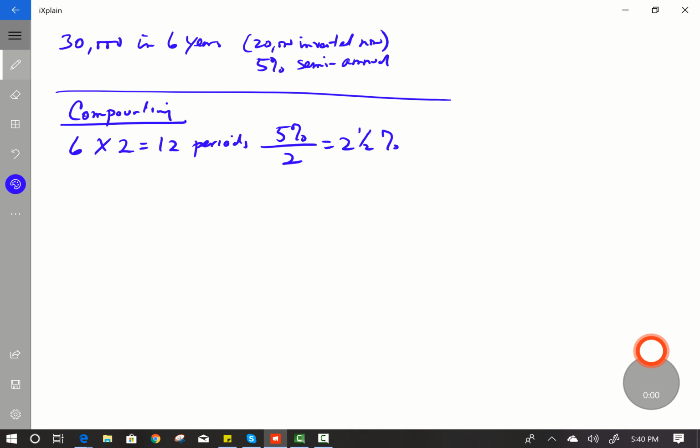On the future value table, I'm going to find the corresponding factor of 12 periods and 2.5%.